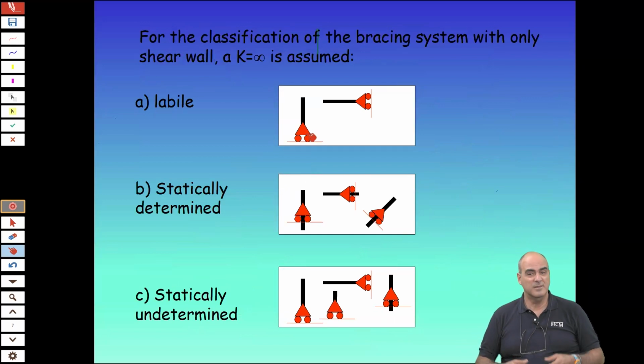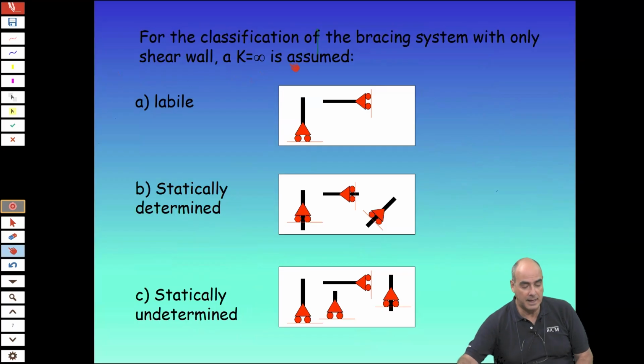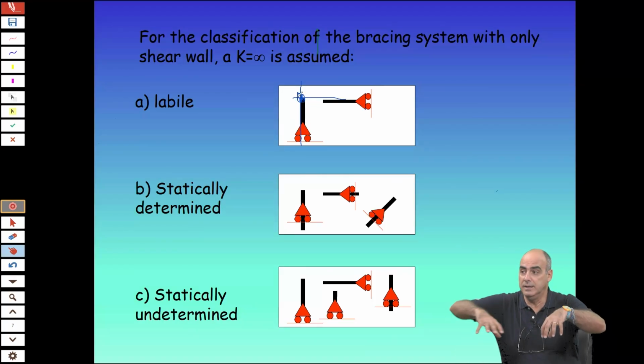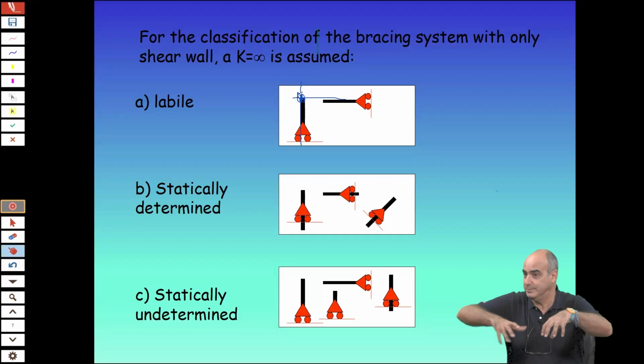Because you see, if you apply the principle of solid mechanics, basically you can say that this system is equivalent to having a fixed point over here, but around that point the building can rotate.